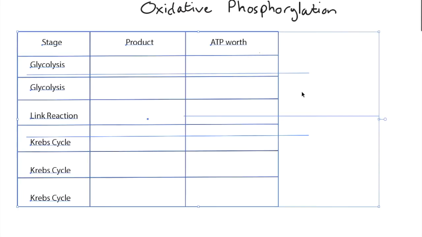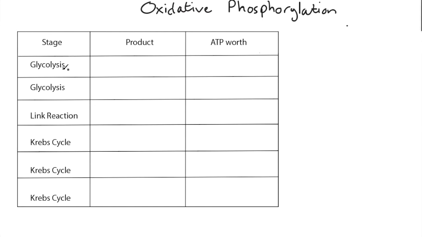So, all the stages we've had, glycolysis, the link reaction, the Krebs cycle, have all made various products. Now, this table's important, and you see this quite often. So, we're just going to fill some of it in. In the glycolysis stage, the first stage, we produced a net profit of 2 ATP.